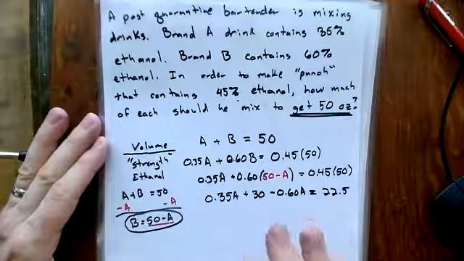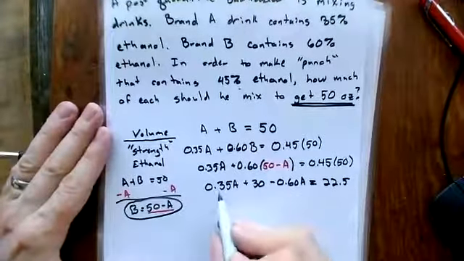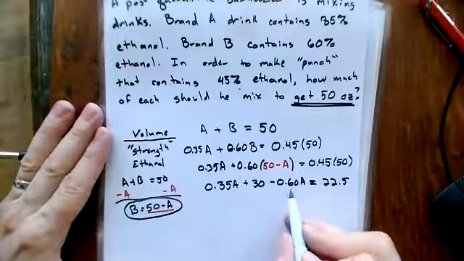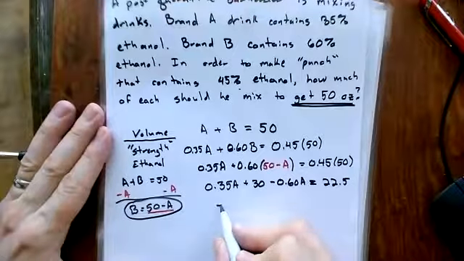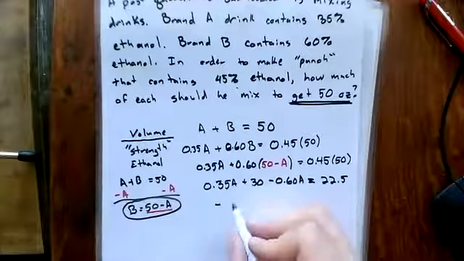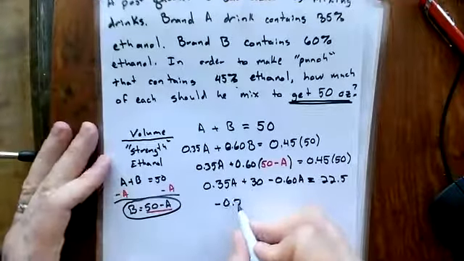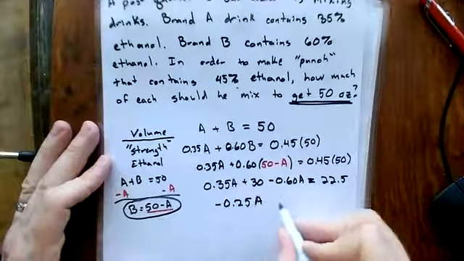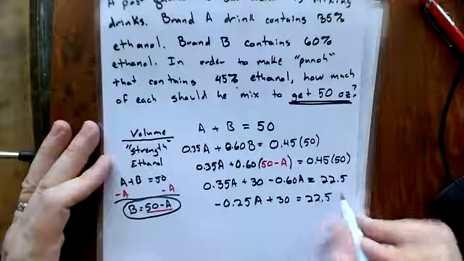Don't worry, wait till the end because the negative numbers are going to cancel out. So 0.35a minus 0.60a, putting together our like terms, is minus 0.25a plus this 30 is equal to our 22.5.